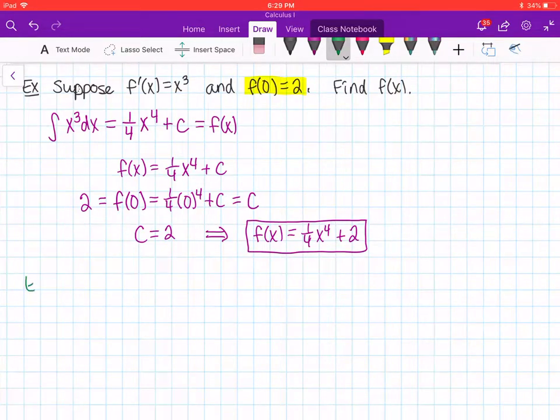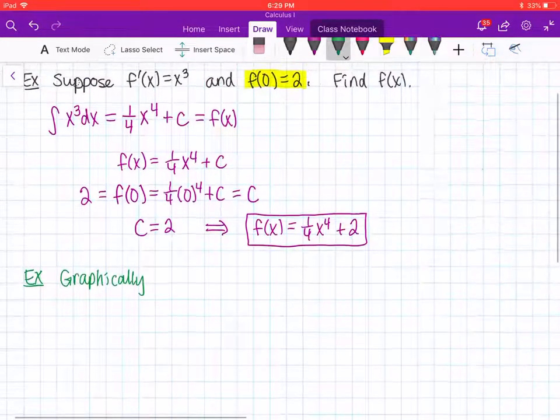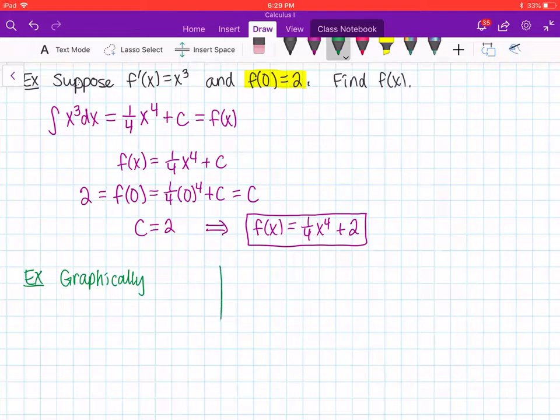Okay, so graphically, what I wanted to show you is how we can figure that out. The derivative is x cubed, and so if we focus in on that 1/4 x to the 4th plus c, 1/4 x to the 4th plus 0 would look something like this.